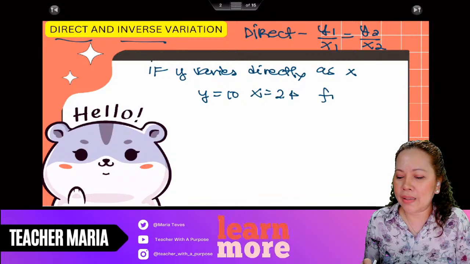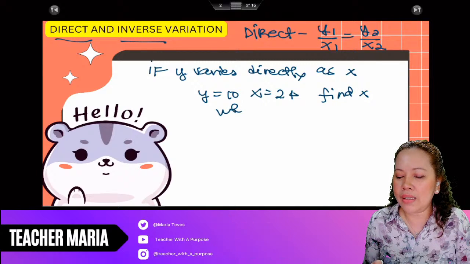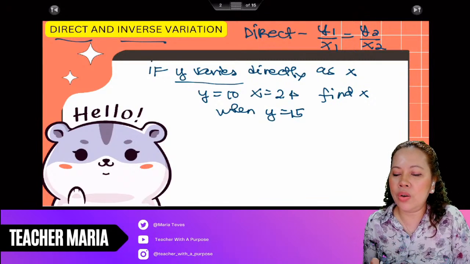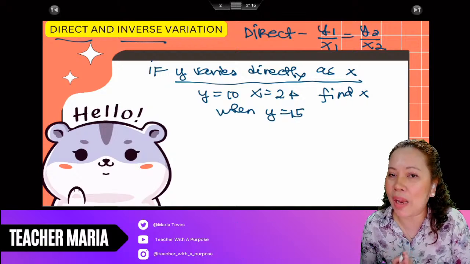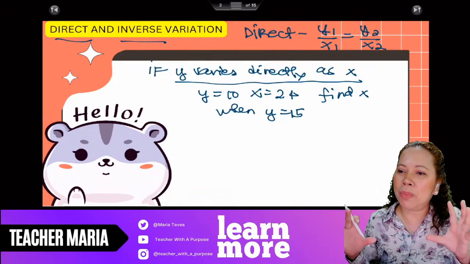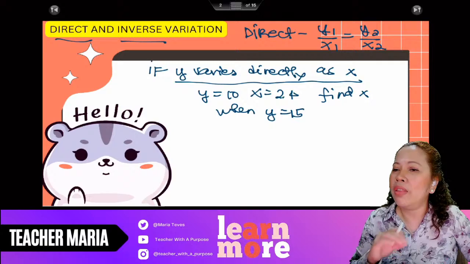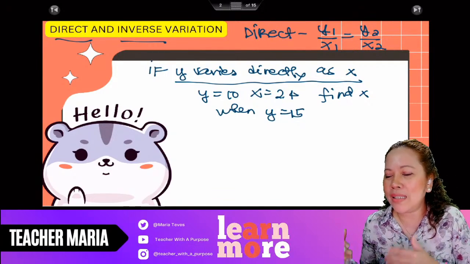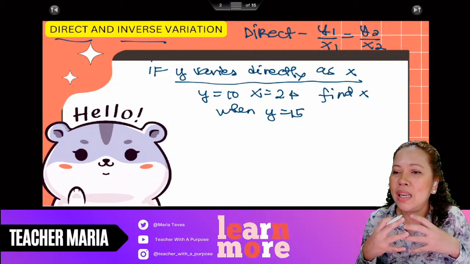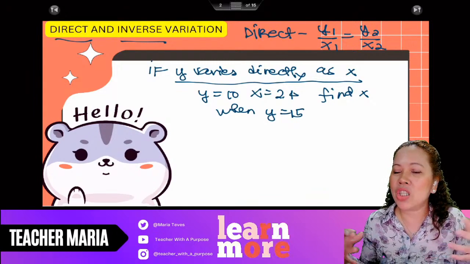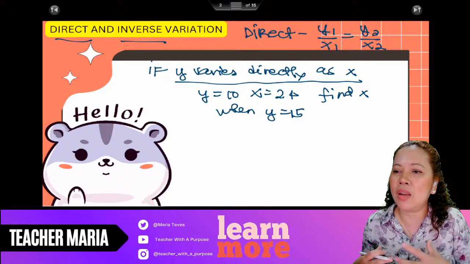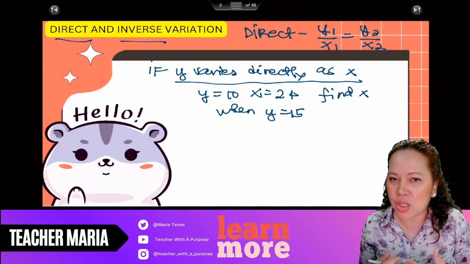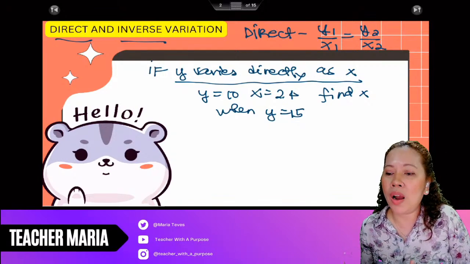Find x when y is 15. If y varies directly, you know that the relationship of your y and x is direct because it is stated in the first part of your question that y varies directly with your x. So as y is 10, x is 2.4. This is the initial amount given to you so you know the relationship of y and x. So find x when y is 15.